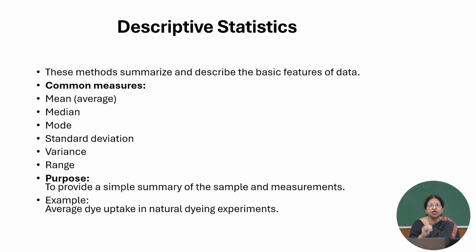We calculated it by taking some 20 samples dyed by natural dyeing and checking which one had a better dye uptake. How did we check the dye uptake? We used a UV spectrometer, and every dye bath solution, before and after dyeing, was evaluated for its dye content.